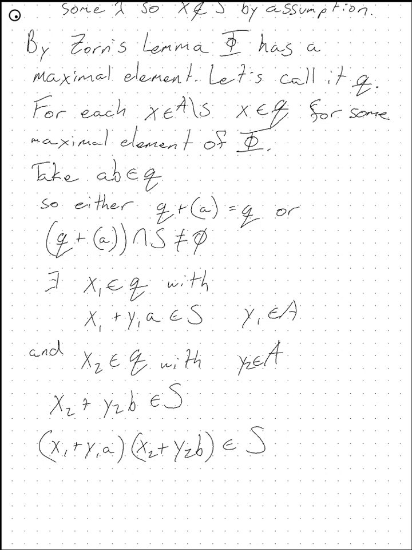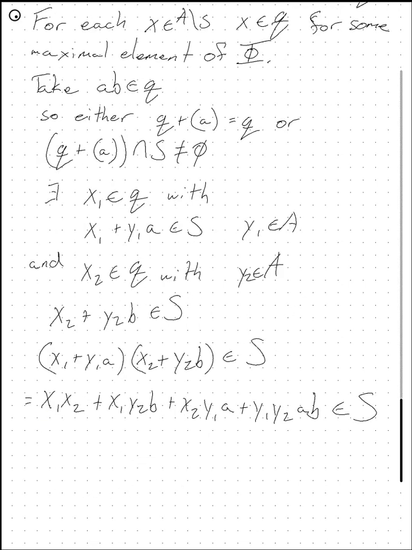And we have, so then this is equal to X1X2 plus X1Y2B plus X2Y1A plus Y1Y2AB. This is in S, but this is in Q. This is in Q because of this X1.